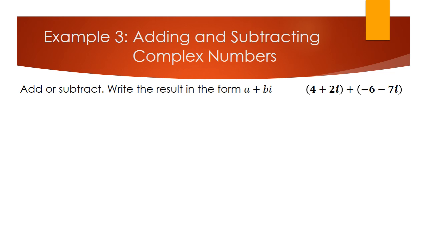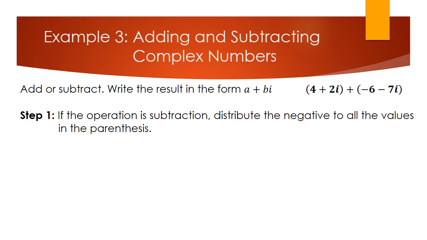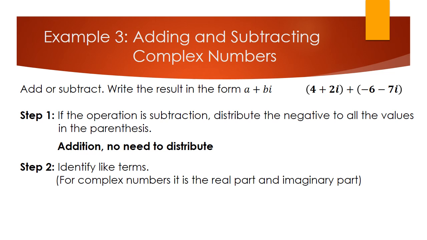Now we're going to add and subtract. Write it in the resulting form, so a plus bi, make sure the imaginary term's second. So we're going to have 4 plus 2i plus negative 6 minus 7i. If the operation is subtraction, distribute the negative to all the values in the parentheses after it. This one's positive, so we don't need to distribute. Step 2, identify the like terms.